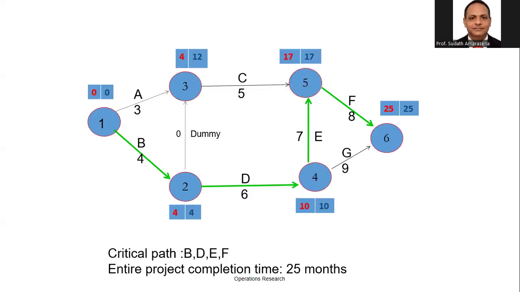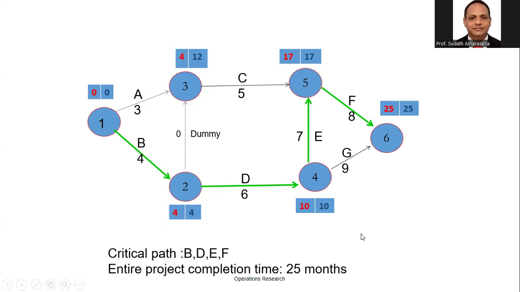Let's go to the activity A. The DIJ value is 3. LCJ 12. ESI is 0. 12 minus 0 minus 3. Answer should be 9.